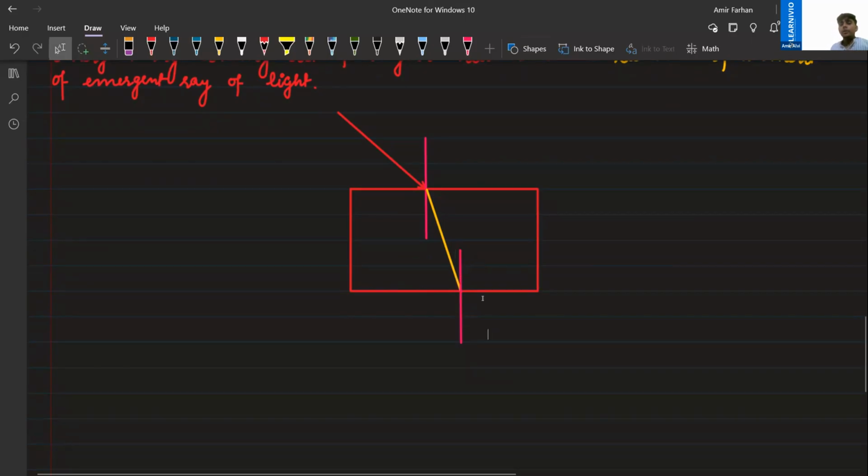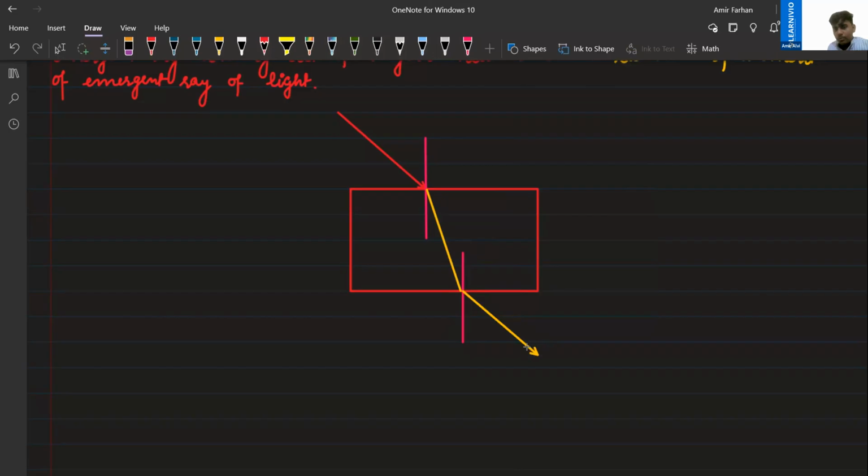Now where will the light ray go? It will bend away from the normal. Very good. It will go away from the normal, so it comes out like this.